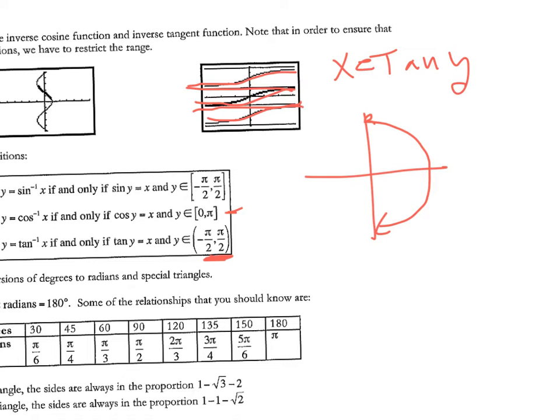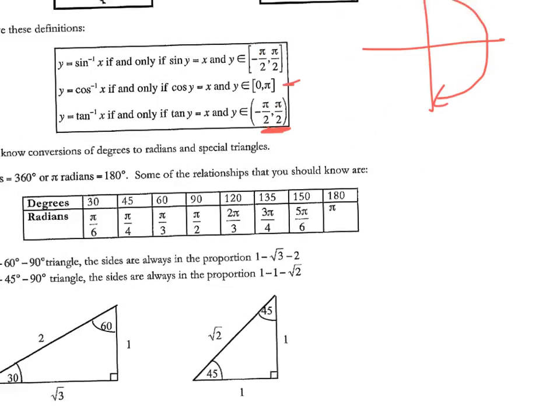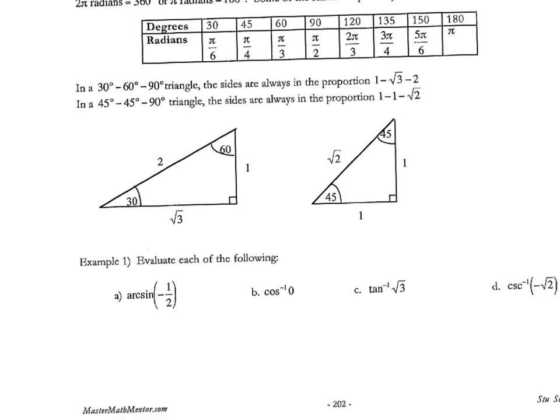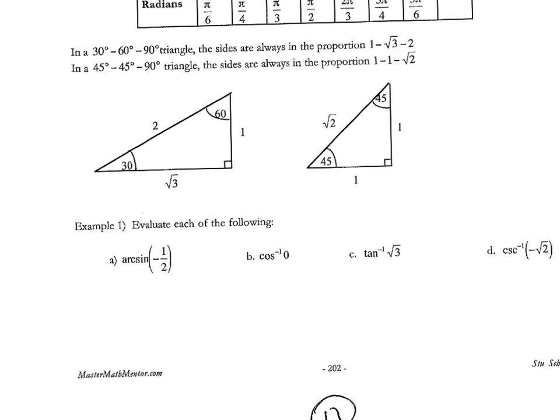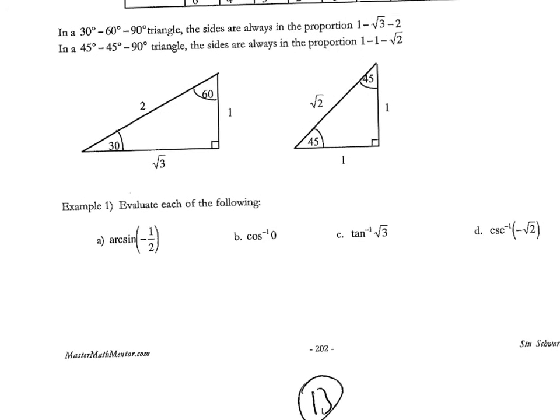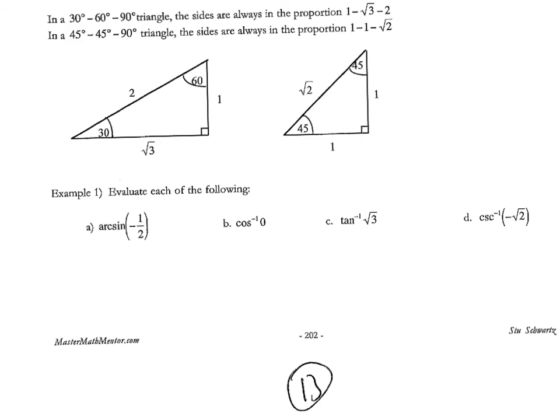So I think the best thing to do is to go ahead and do some exercises here. Stu Schwartz gave us these 30-60 and 45-45 triangles to help you out. You can just use a unit circle if it's a unit circle question, but I honestly don't usually use one. I usually think about it this way. We already did this one, negative 1/2.